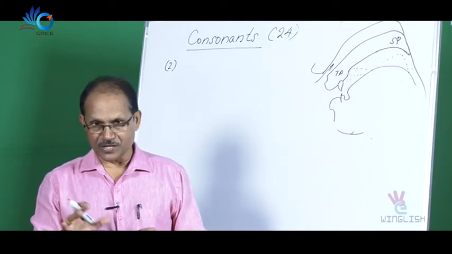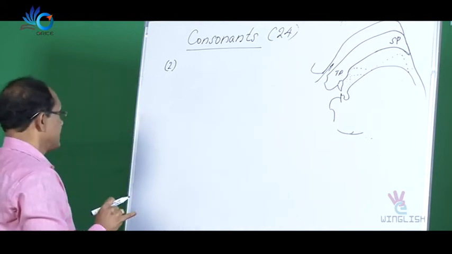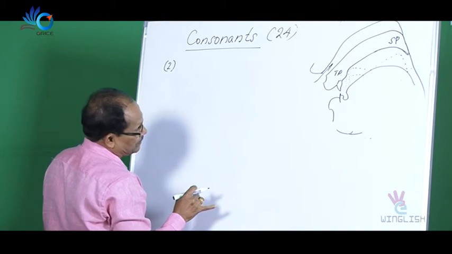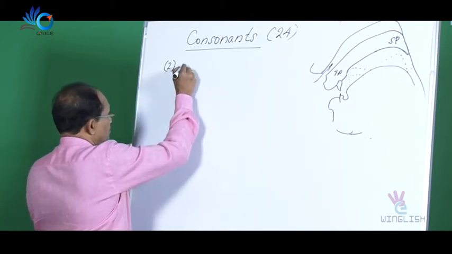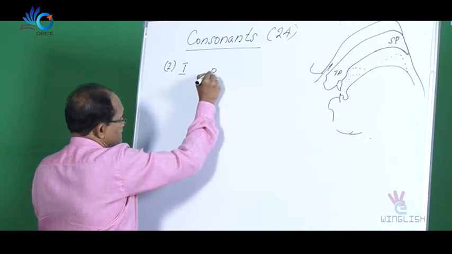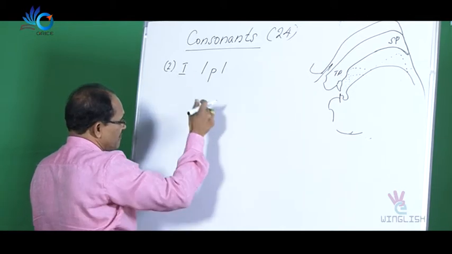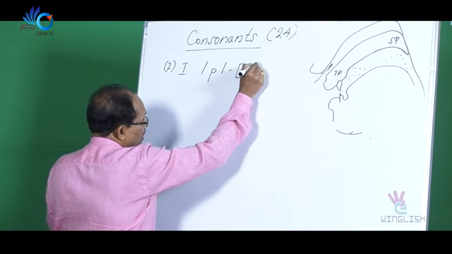So, classification based on manner of articulation. Now, again we can divide consonants into so many groups. Group 1: you write the consonants one below the other, so that you can give the corresponding Malayalam sounds also.